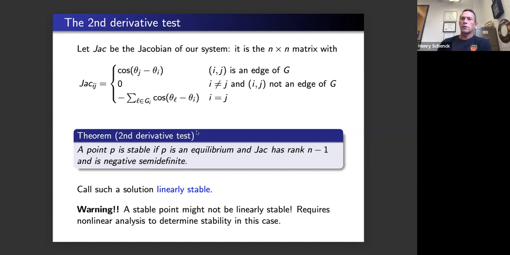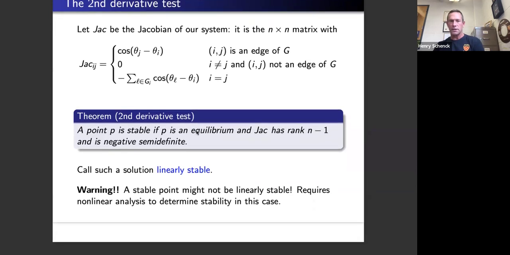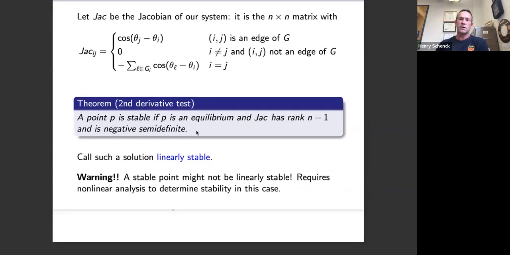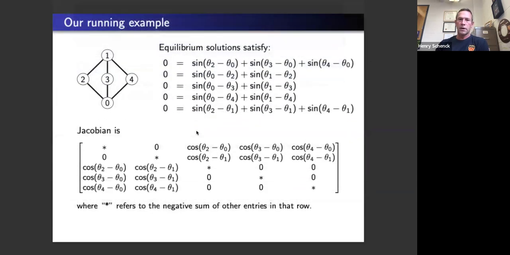And so linearly stable does imply stable, but the converse is not true, as I mentioned. So you could be a stable solution, but maybe you have too many 0 eigenvalues. So this is our first approximation to solving this stability question, to look for linearly stable solutions. And at the bottom of the slide, you can see it says, if we have too many 0 eigenvalues, we might have to look at higher derivatives.